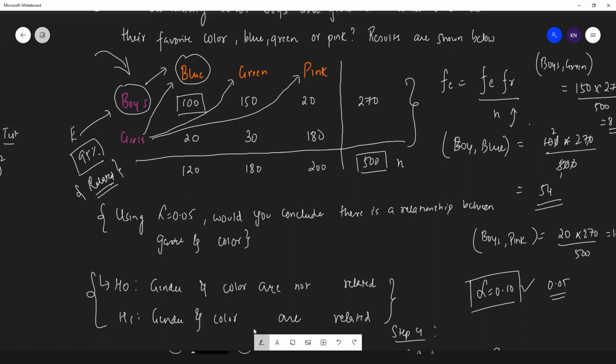So suppose it's not directly, we also have to see the problem statement. We have to see the problem statement over here based on this particular data. Now see, over here, by just seeing this specific data also, we can come to a conclusion whether this color and gender are related or not.